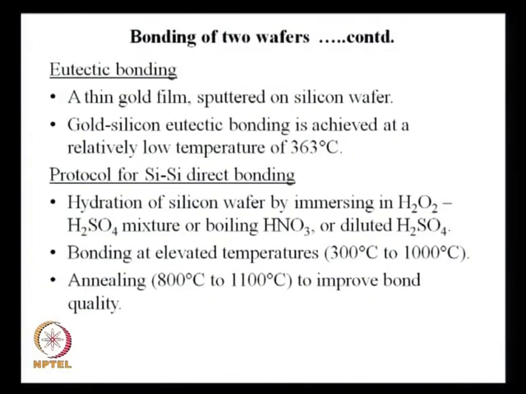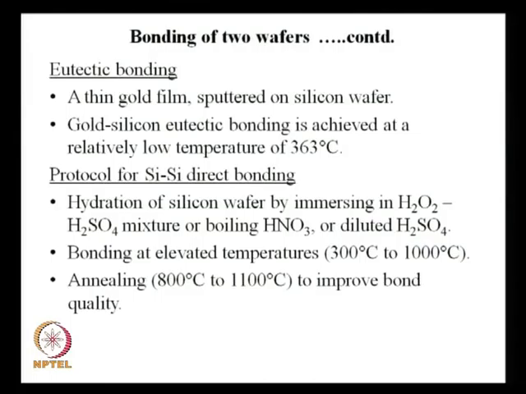Now, you remember when we talked about this anodic bonding with glass silicon, there even the temperature was 400 degrees centigrade. If somebody wants to make a silicon direct bonding, the temperature should be around 1000 degrees centigrade. So, these temperature levels are pretty high.